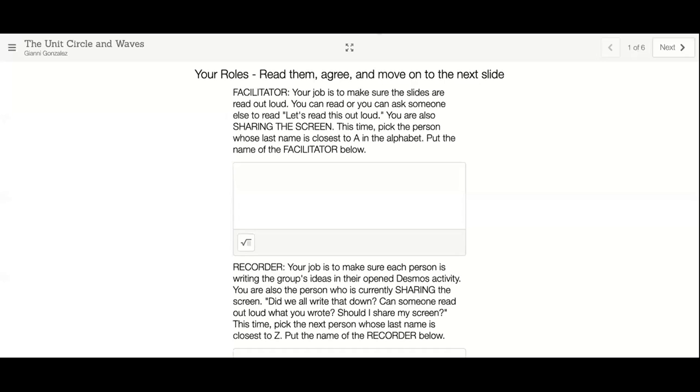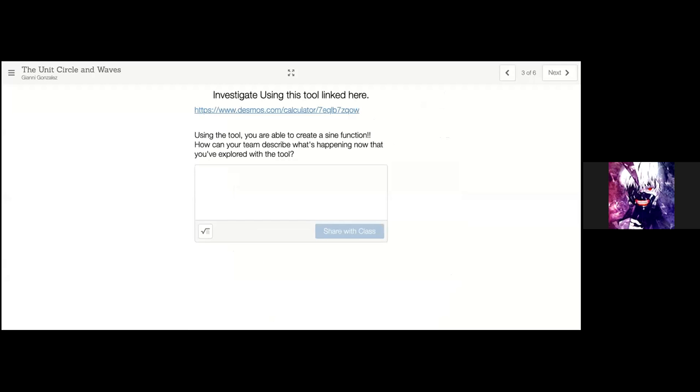Do you guys have any idea what I'm talking about? Yeah. So you're actually able to create like a triangle within a circle by the angle.